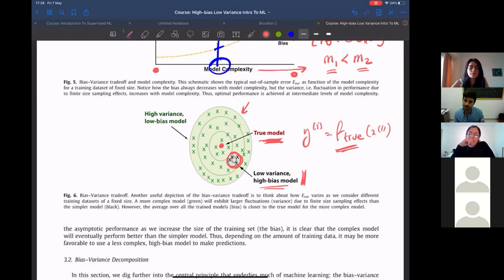But at the same time, because this function has fewer degrees of freedom, if I each time give you a new training set and you evaluate your model on it, you get lower fluctuations. Each time you train, you get a new version of your model, a new theta hat, which is a function of the training data.